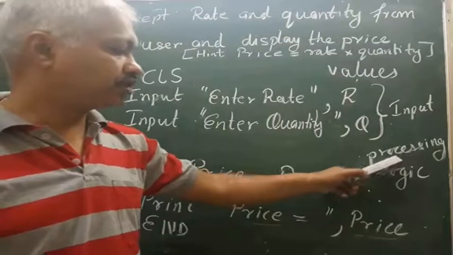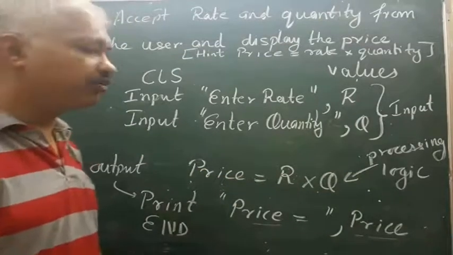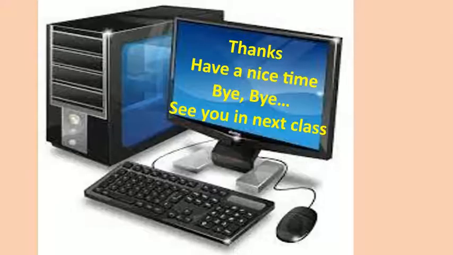So input, processing logic, output. I hope you have understood this. Dear students, I am sure that you understood how to write a program for a given question. You will need three important things.